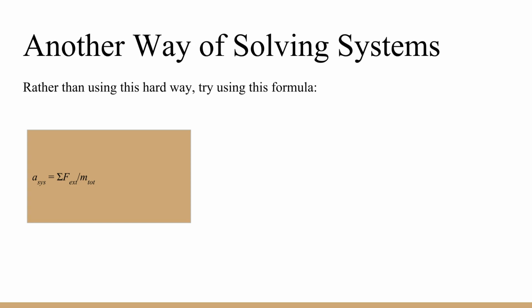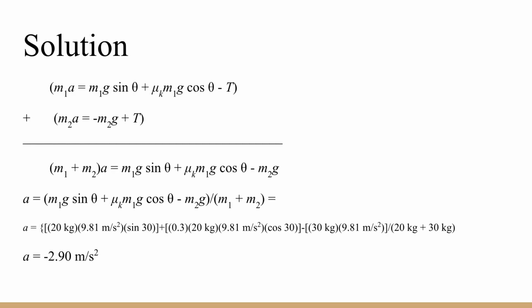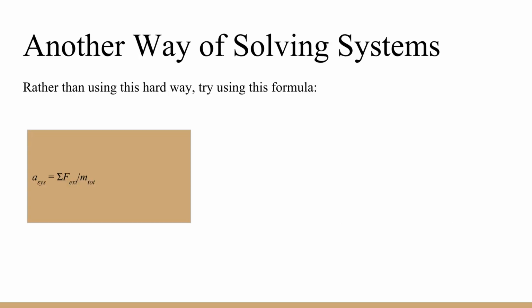So M1 in the last example will accelerate at the same 2.90 meters per second squared, and M2 will also accelerate at 2.90 meters per second squared. The acceleration of the entire system equals net external force. An external force is basically a force that only acts on one block. The internal force is tension.